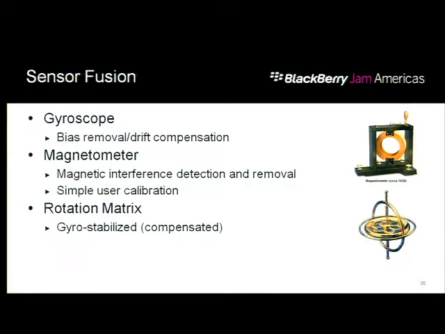The rotation matrix is also gyro stabilized, so it uses the gyroscope, of course, and since the bias removal is there, it's going to continuously keep the rotation matrix in sync with the actual orientation of the device. Another point about the rotation matrix: it uses the compass as well.